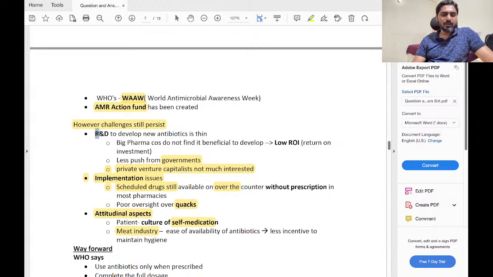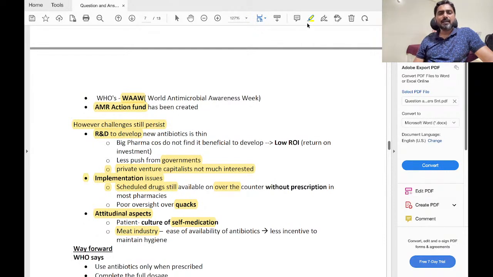Again, see, one of the other reasons that you should understand, beyond the scope of this question, is that we know that microbes or bacteria will become resistant, so we have to keep on developing new antibiotics. The first antibiotic that we developed was penicillin, and after penicillin, we developed a lot of antibiotics.